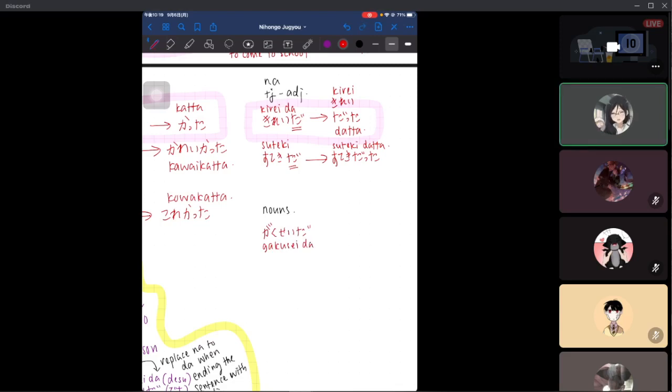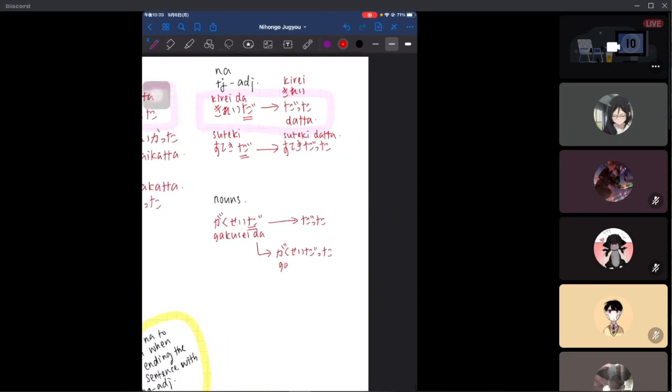The da here, you just change it to datta. So for this one, it will become gakusei datta.